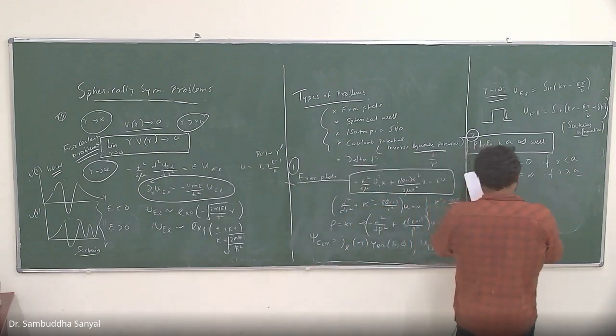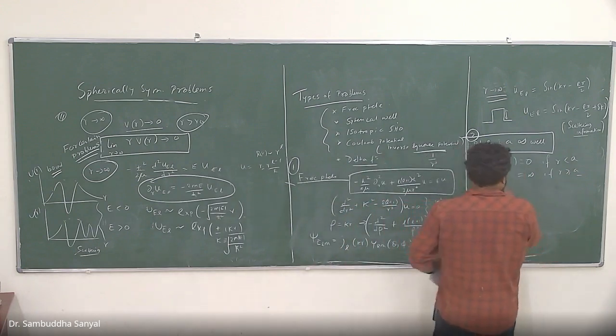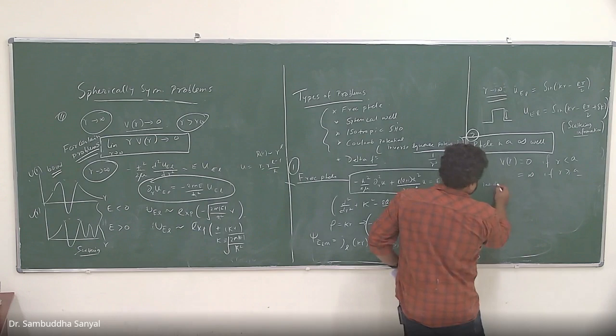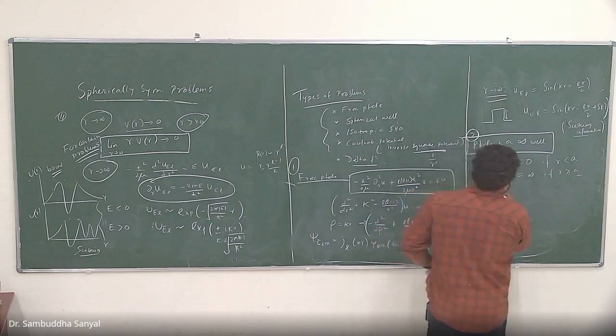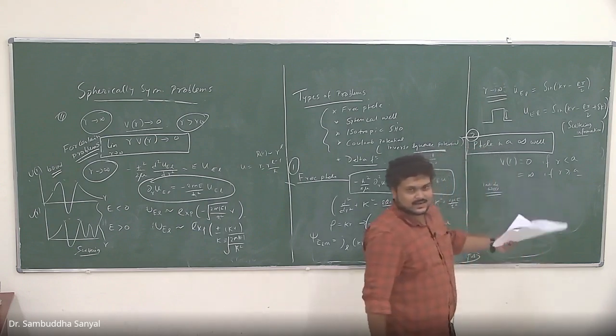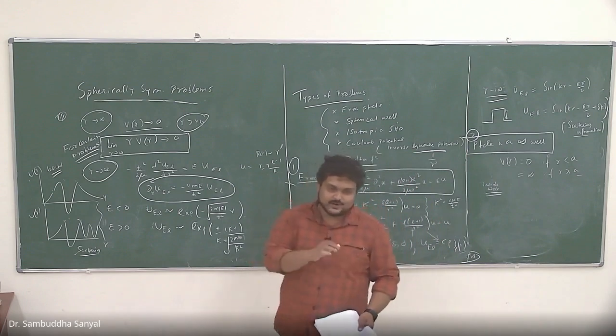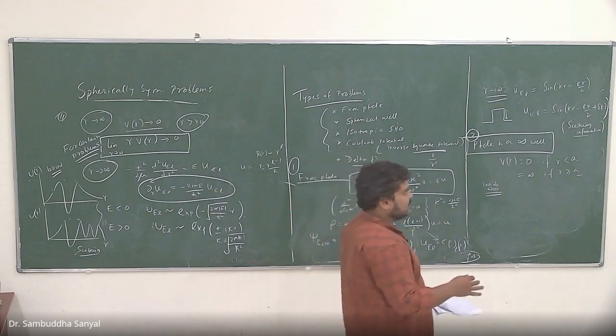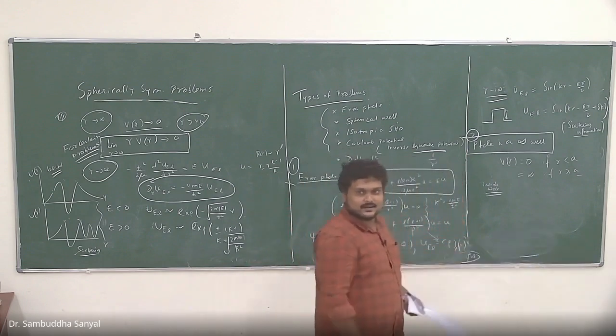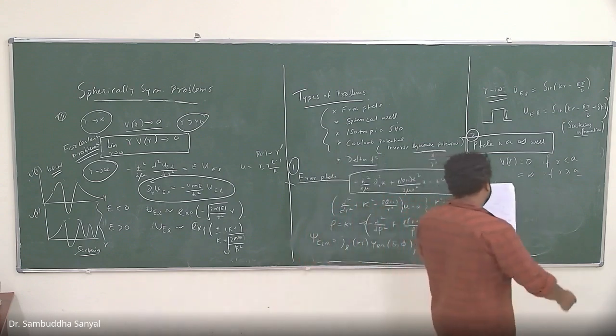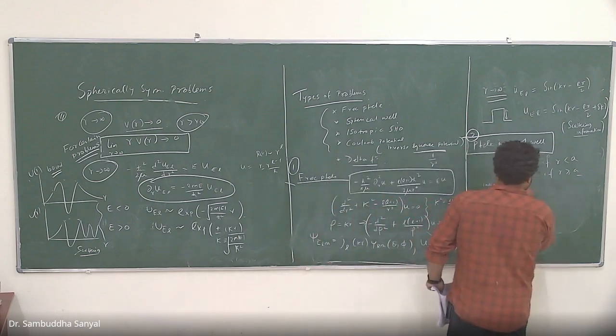So then inside the well, we have done the particle in a box. It's basically that. There you had the sine wave function with energy depending on the n quantum number and n squared.